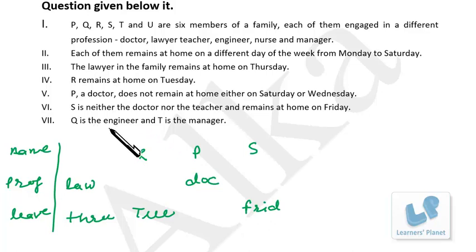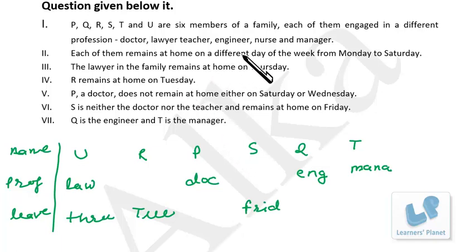Q is the engineer and T is the manager. So Q and engineer combination. And T and manager combination. So P, Q, R, S, T. So it should be U.